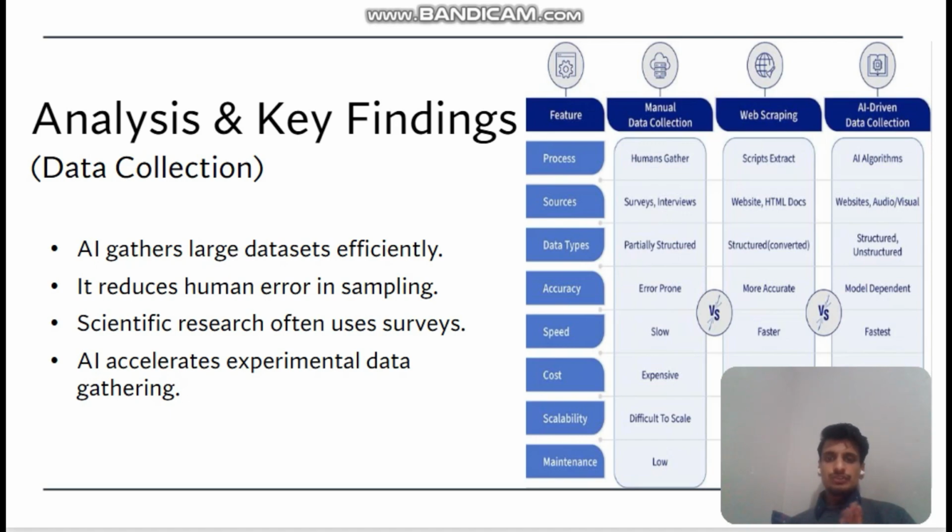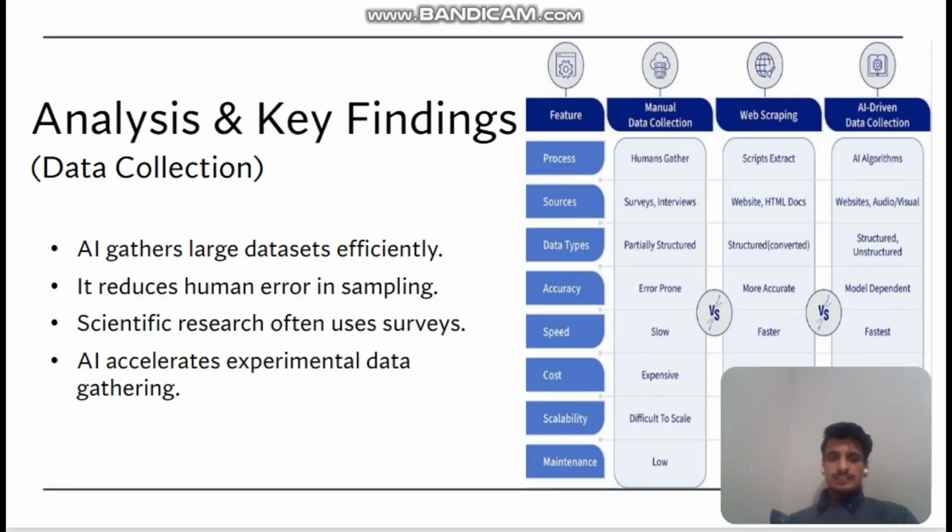AI reduces human error in sampling. AI selects the samples, can detect the human error in their research, and remove it from their research.